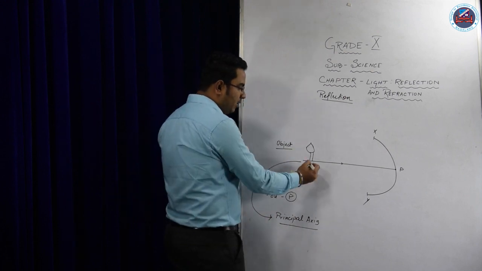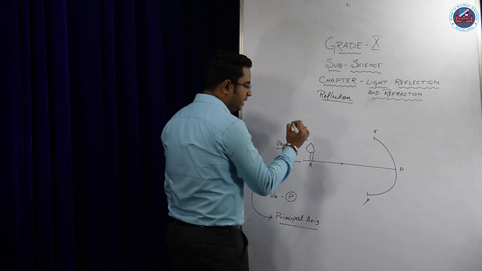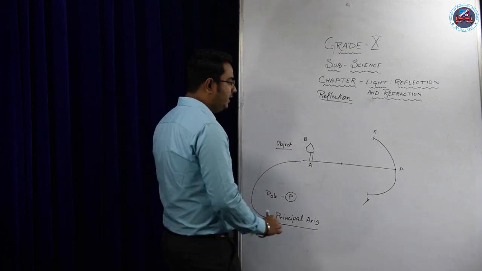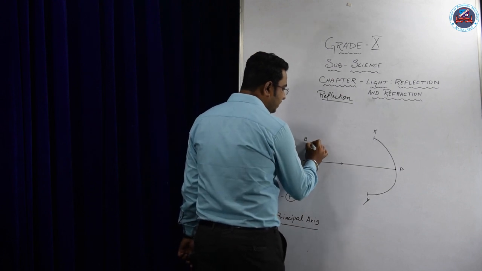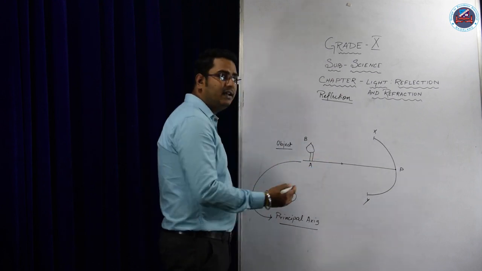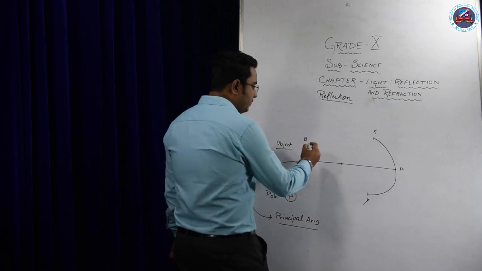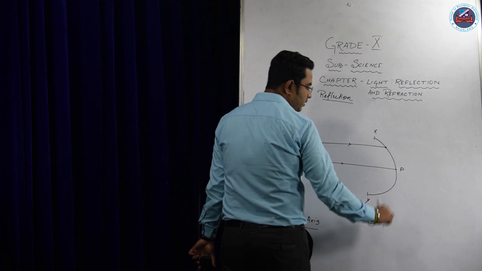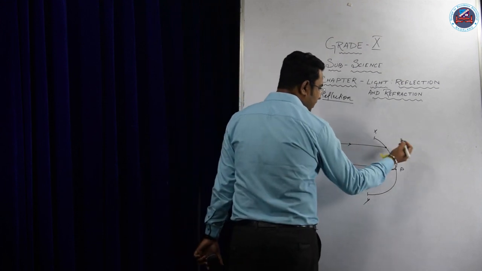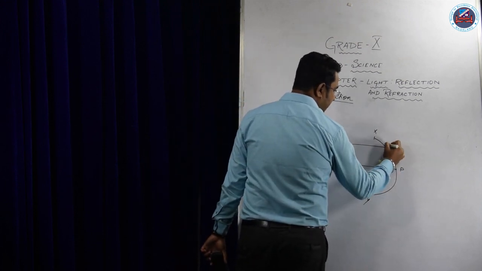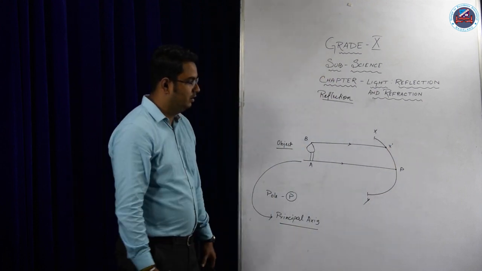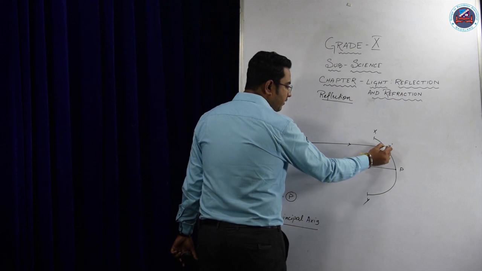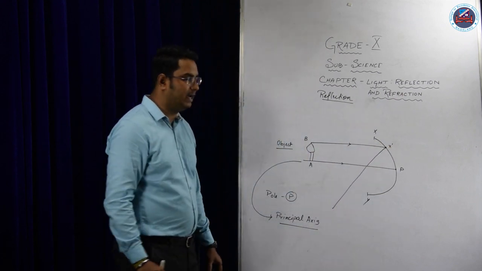The height of the object, I am marking it as AB. So this is the height of the object. Now let's say a ray of light came from the candle, strikes the surface of the mirror somewhere at this point. I am marking this point as X dash. This is a concave mirror, so the concave mirror will reflect it back.